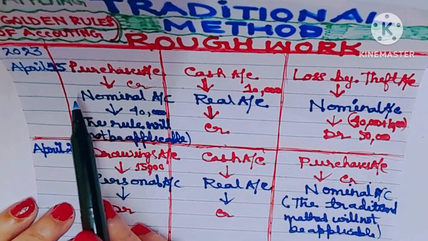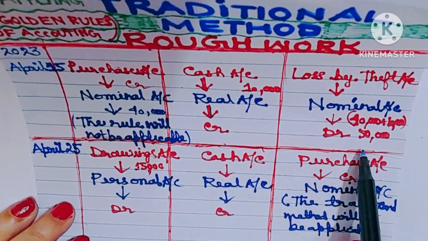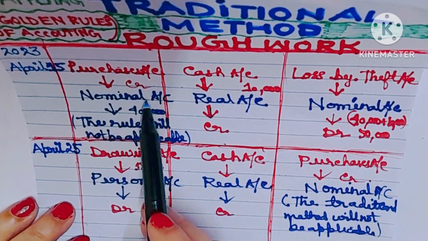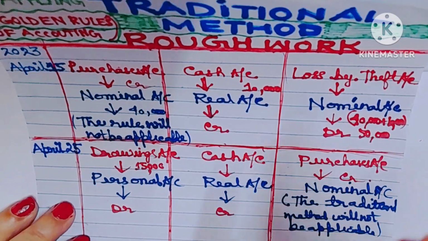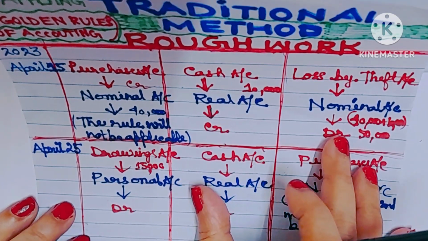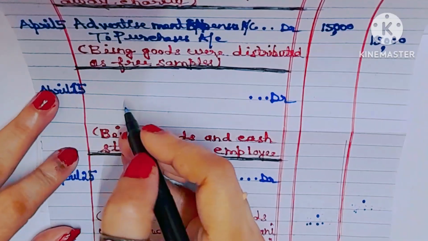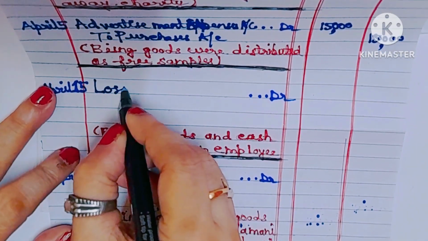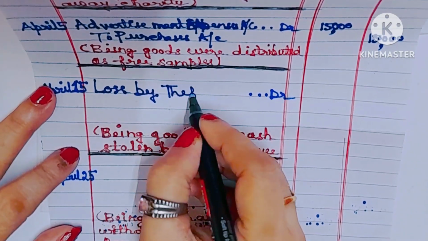See, on 15th April, loss by theft account debit 50,000, purchases account credit 40,000, cash account credit 10,000. This is a compound journal entry. Here, 1 debit, 2 credits. Okay, so let's write. Loss by theft account. Theft means churi.